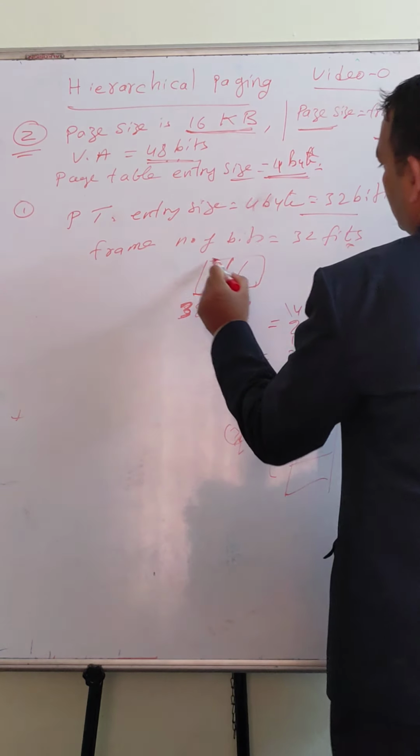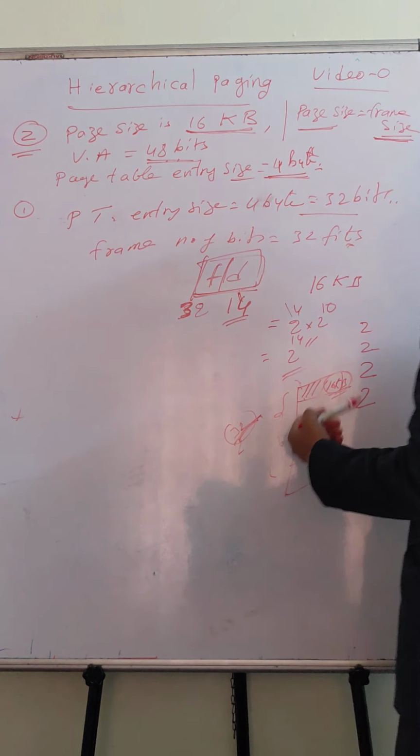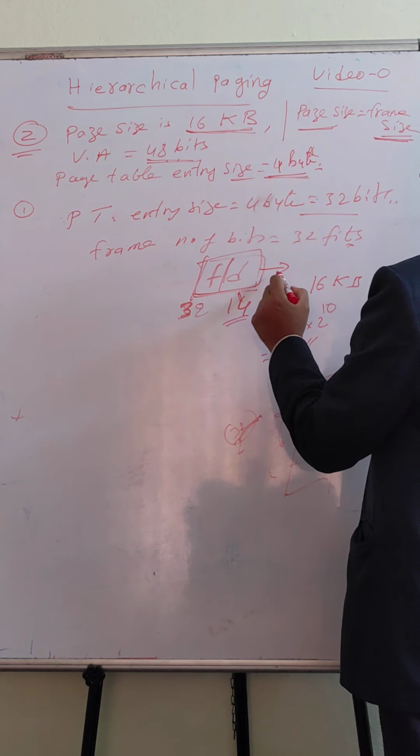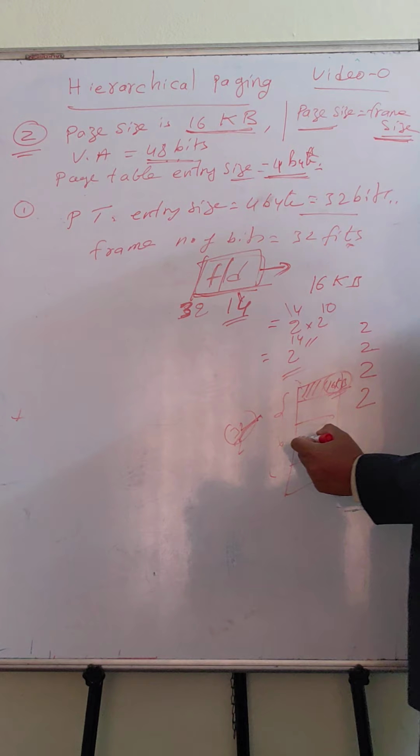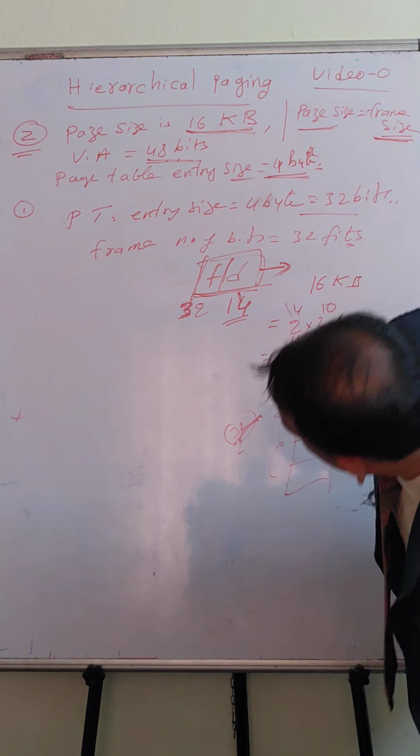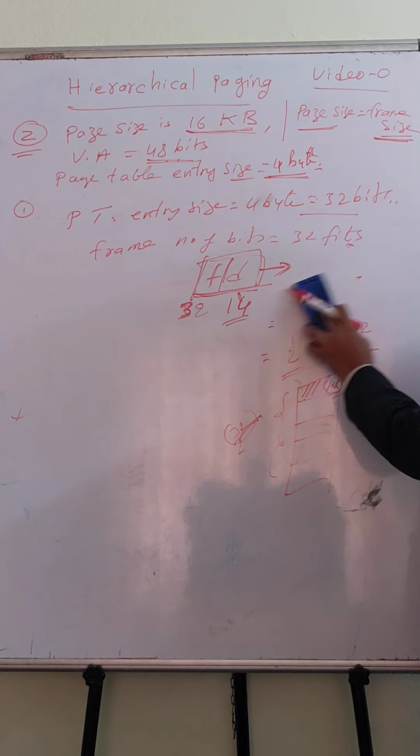Now we are able to find the physical F and D. What is the physical address space? Total how many bits are required for the physical address space?